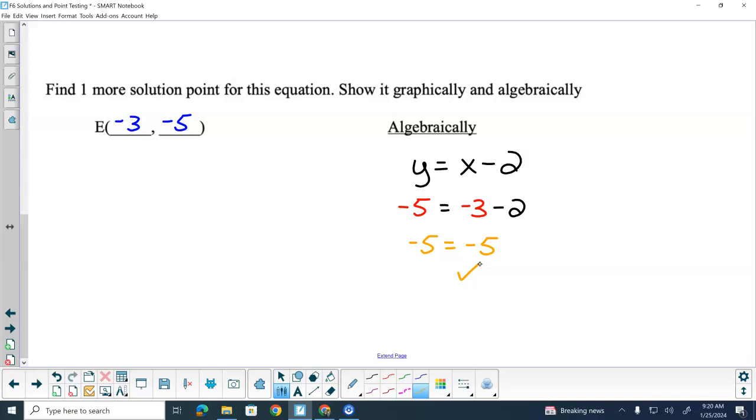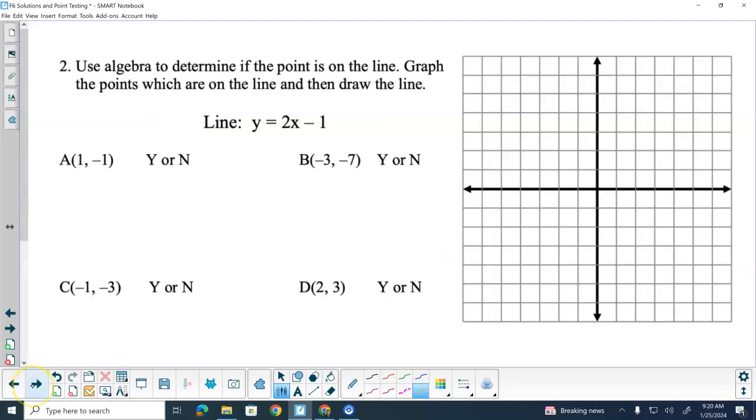On the back side of your note sheet now, I would like you to try. No, actually, you don't have the breaks. I forgot. We got to do this one together because it's different because we don't have the line now. We're determining if points are on the line. So on this one, we don't have a line drawn for us.